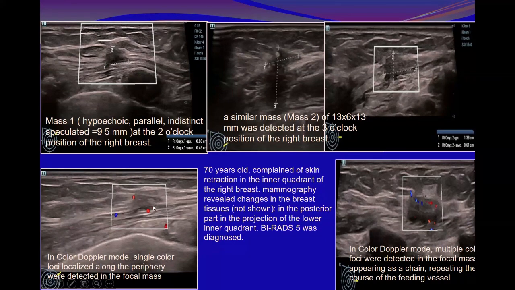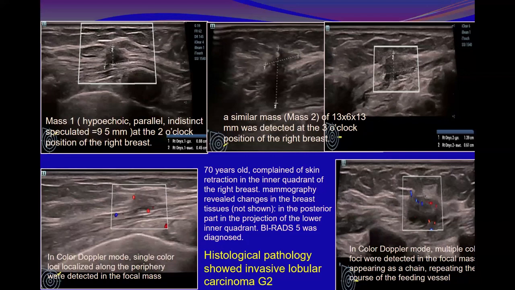Both demonstrate slight peripheral vascularity, foci of vascular signal seen at the periphery of the lesion. But this lesion demonstrates multiple foci at both the periphery and the center. It has multiple feeding vessels that are interrupted and multipolar, which makes it more suspicious and upgrades the lesion. It was reported as BI-RADS 5 and both lesions were proven to be invasive lobular carcinoma grade 2.